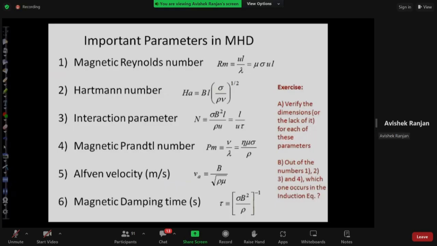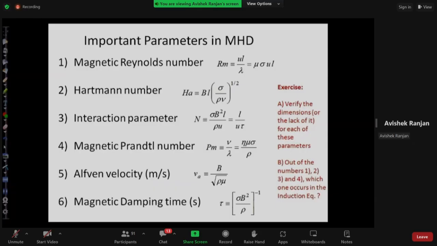If you see the ingredients, it is basically density divided by sigma B squared, which, if you apply the right dimensions, which you should do and cross-verify, gives you the time scale of magnetic damping. It's called damping because the Lorentz force is typically a retarding force.